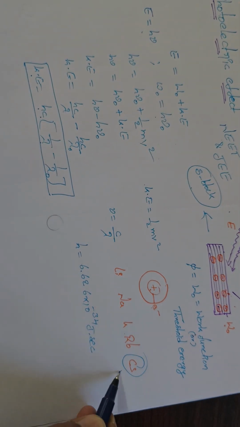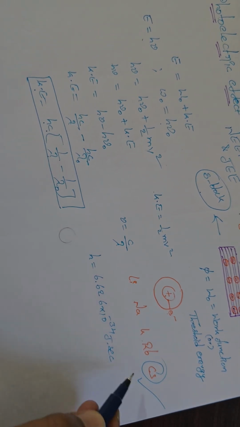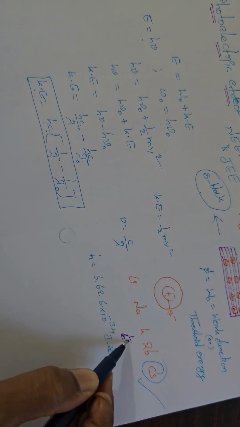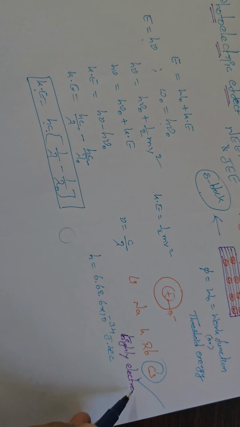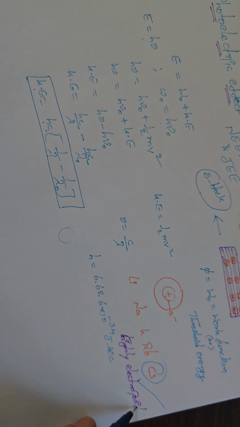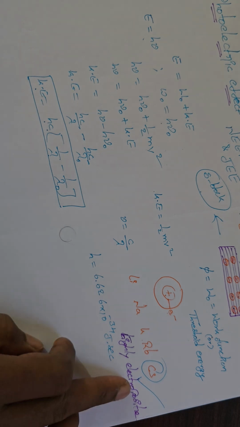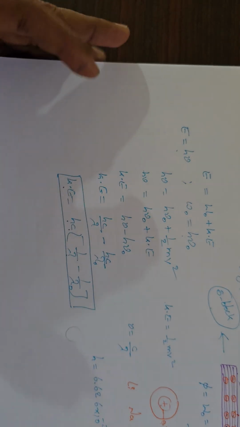Cesium readily shows the photoelectric effect. The reason is that it is the most highly electropositive element. It shows the photoelectric effect effectively, as the electron is readily lost from the surface, from the valence shell. So this is the photoelectric effect.